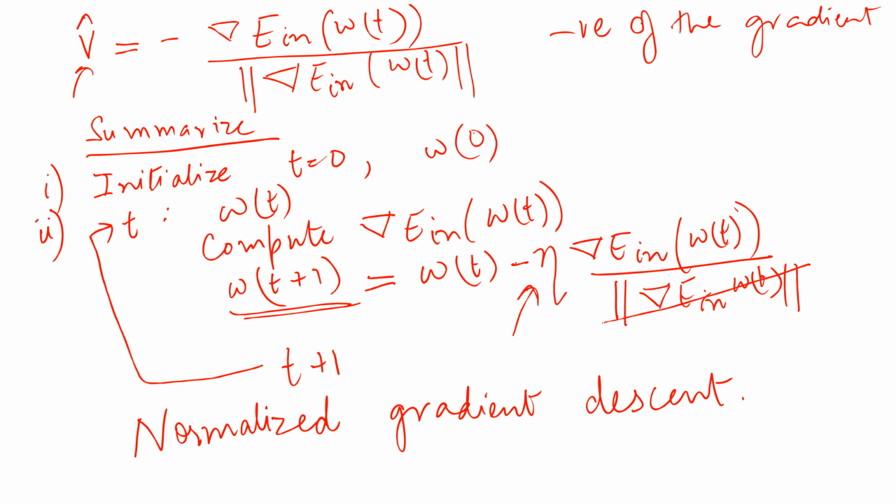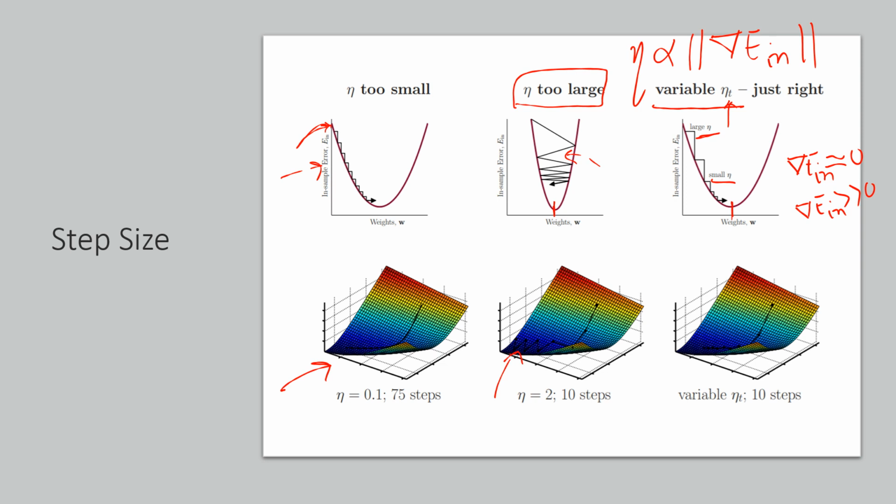So in our update rule the norm cancels, which means we are saying move in the direction of the negative gradient, but with a step size that is proportional to the norm of the gradient. And we just have eta, and maybe we can replace it with eta_t and just the gradient of E_in.